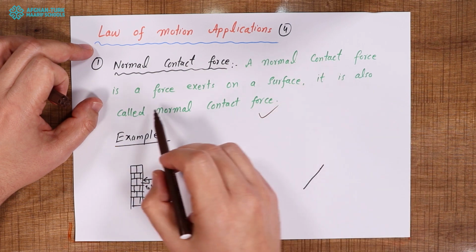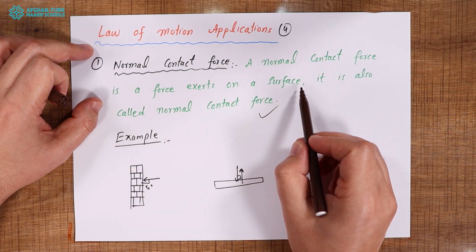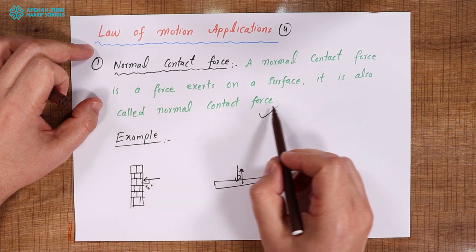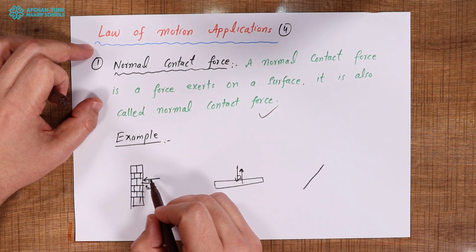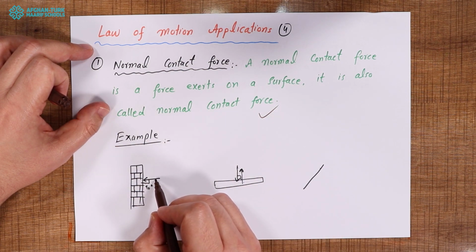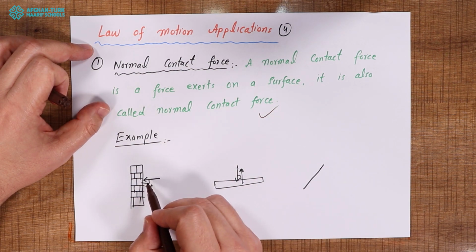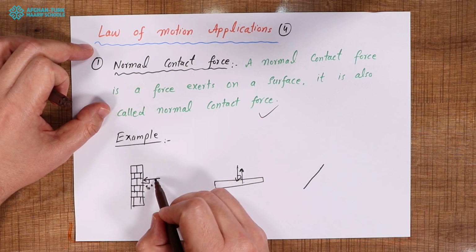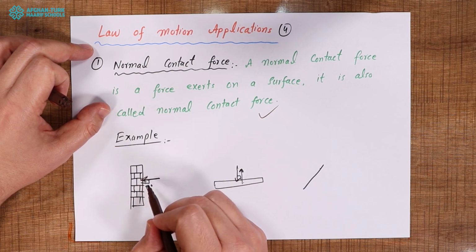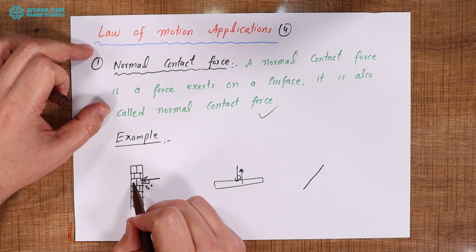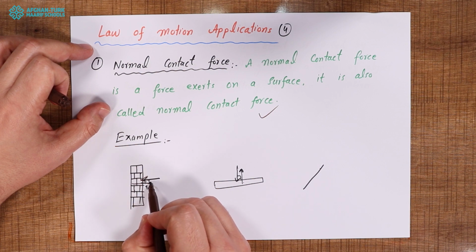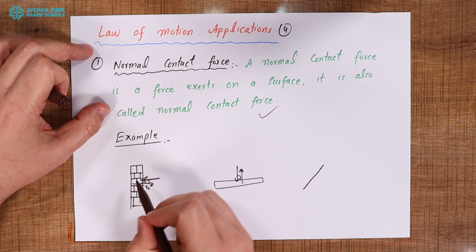A normal contact force is a force exerted by a surface. Here in the normal contact force there is also action and reaction. If we apply a force on the wall, the wall also exerts a force on the hand.